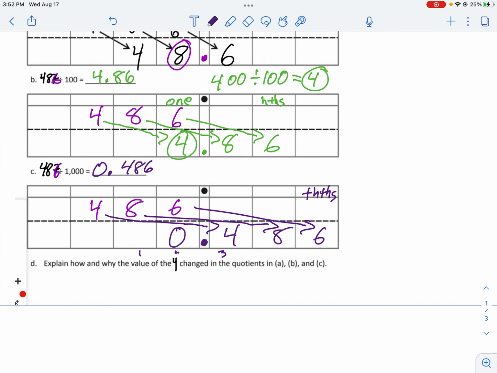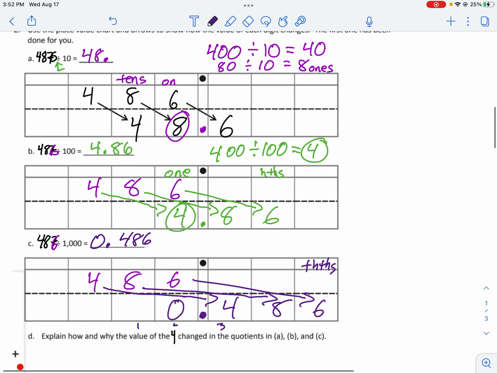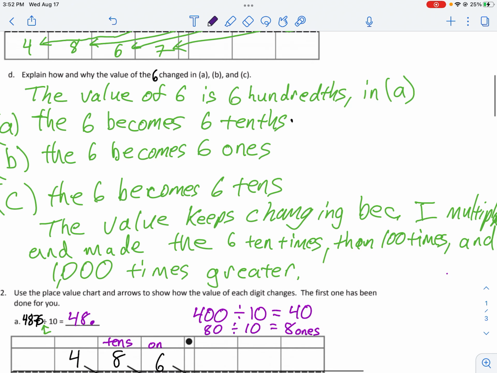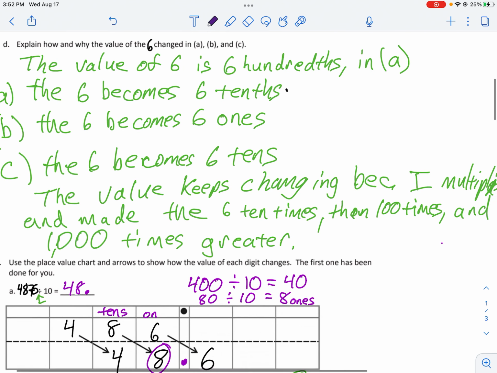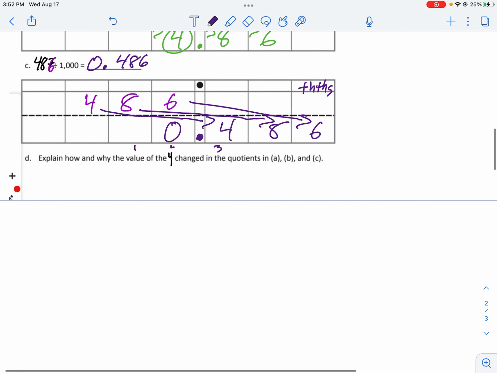Alright, so the next thing is to explain how and why the 4 changes in the quotient in A, B, and C. Pretty much it's the same kind of explanation. We kind of go backwards and just explain that part.